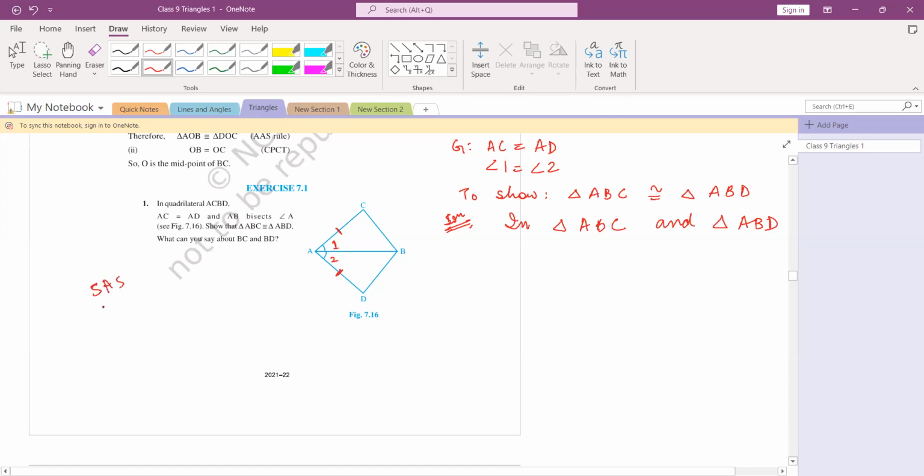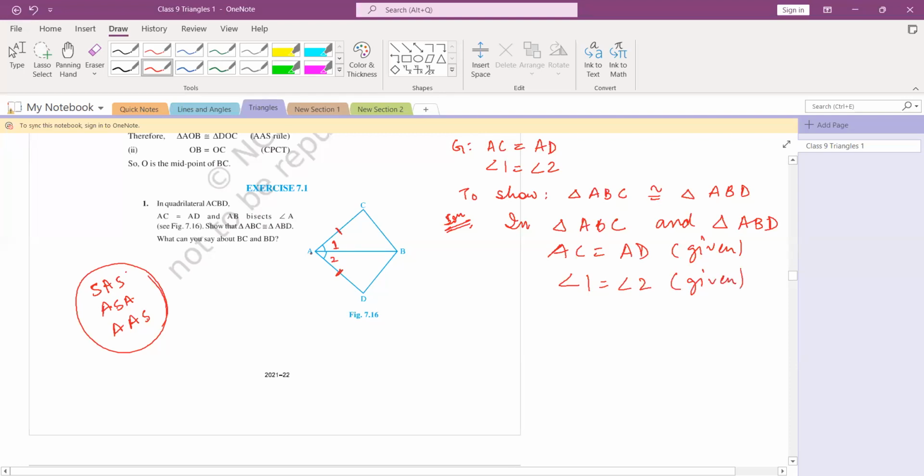SAS, ASA or AAS. Here you need two sides and one angle, or two angles and one side. We will try to see any criterion here. AC is equal to AD, which is given to us, right? Angle 1 is equal to angle 2. This is also given to us.